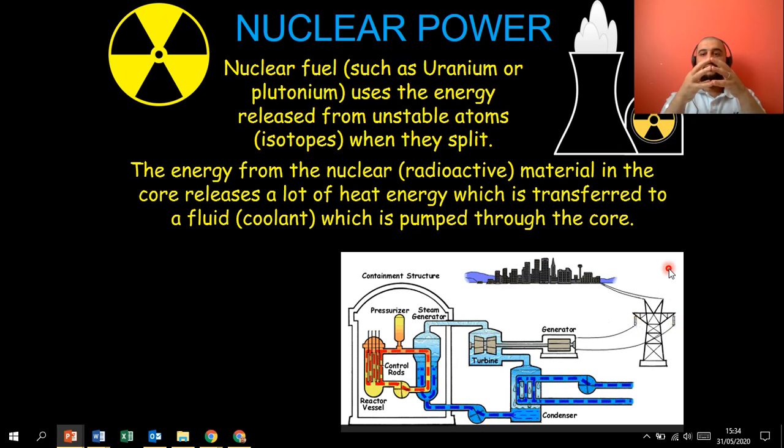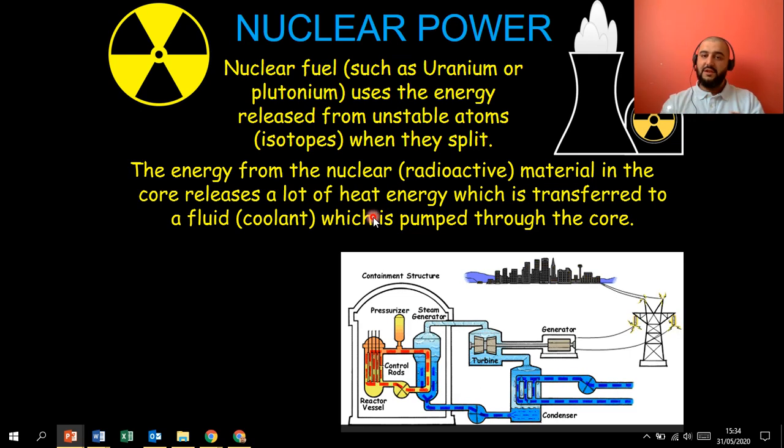Now, this process of radioactive decay occurs within a nuclear power plant, but of course it's controlled for two reasons. One, because it's safe to do that, and secondly, so that we can control just how much energy we're actually generating. The energy from nuclear radioactive material in the core releases a lot of heat energy.